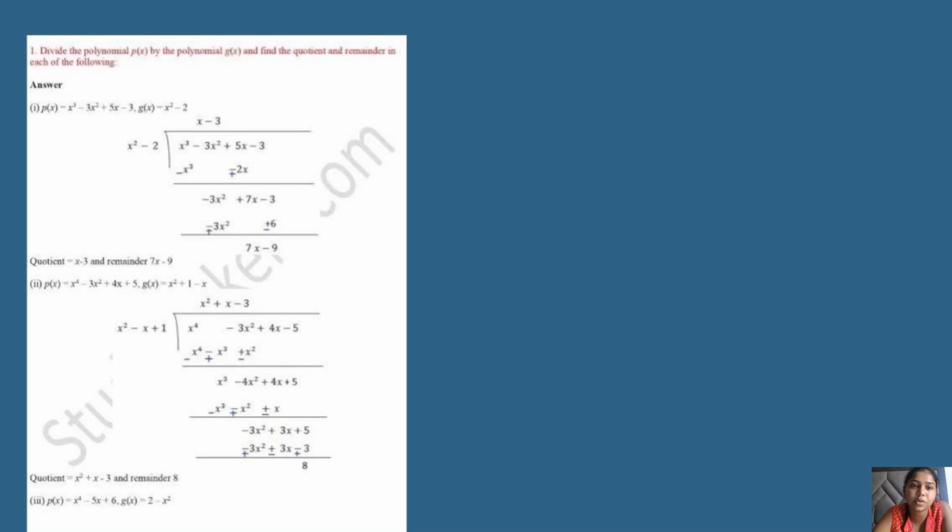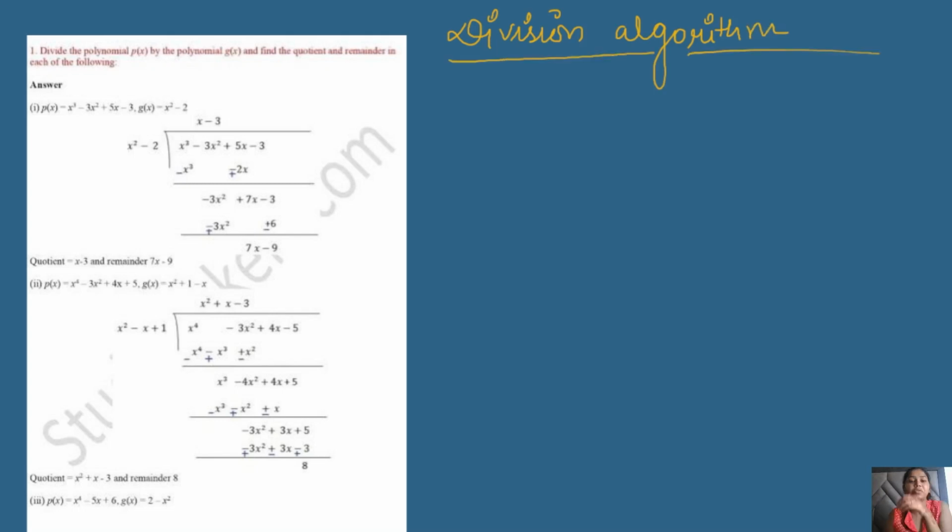Okay, so let's move forward to another topic, that is the division algorithm. In the division algorithm, this is a very easy question. You just have to perform the division and report the remainder and the quotient of the given polynomial.